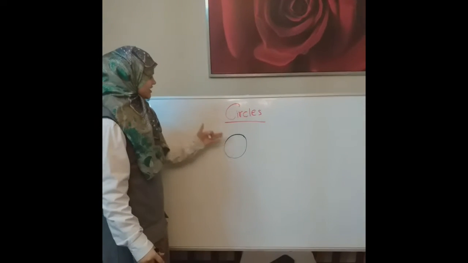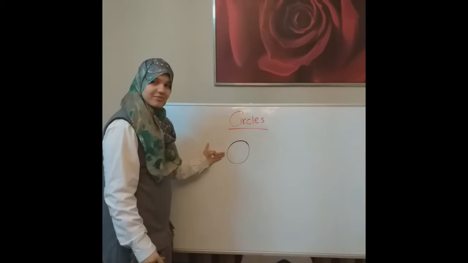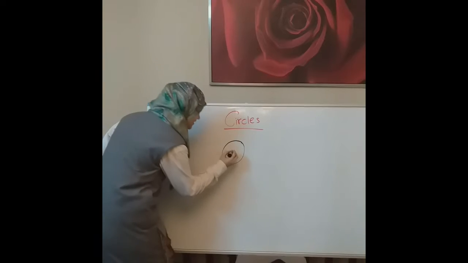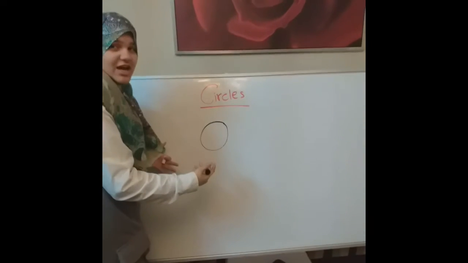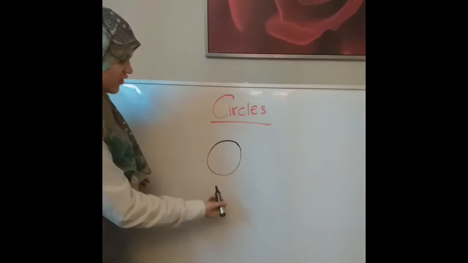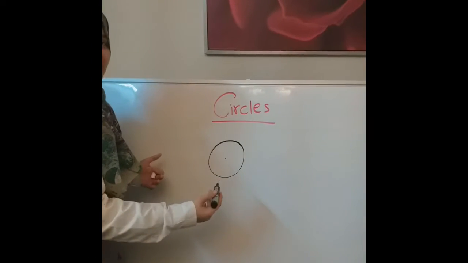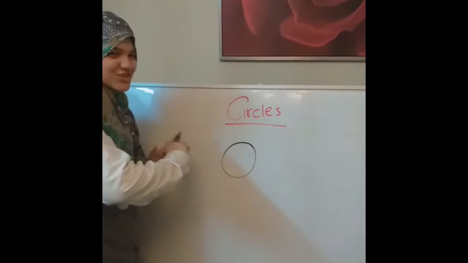We know that circles are a complete curve. But what is a radius? When you make a center here, of course I don't have a compass now because I'm drawing on the board, so if I make a small mistake in drawing, no problem.